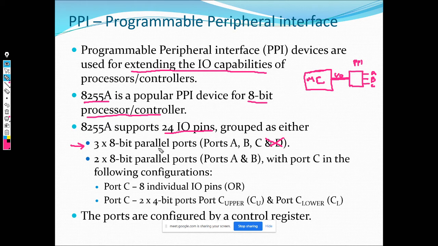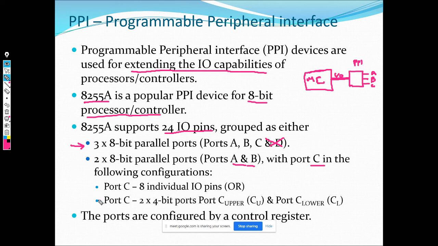And the other option is you can have only 2 ports, A and B, and port C will be configured as individual IO pins. So you'll have your port A and B as 8-bit ports, but C will be 8 individual IO pins.